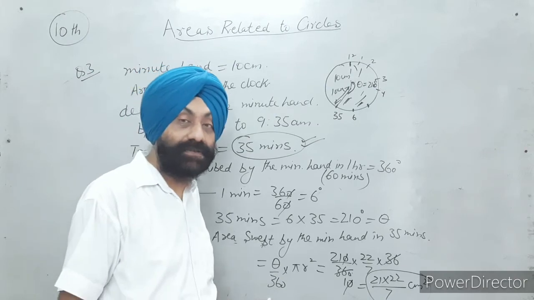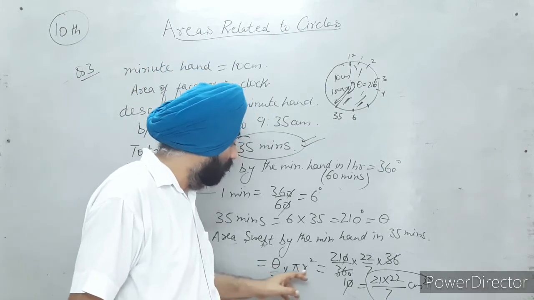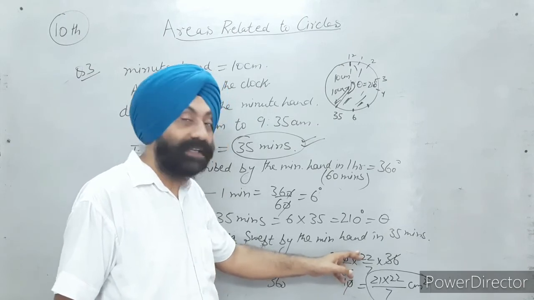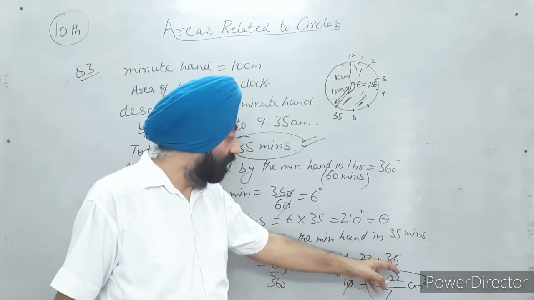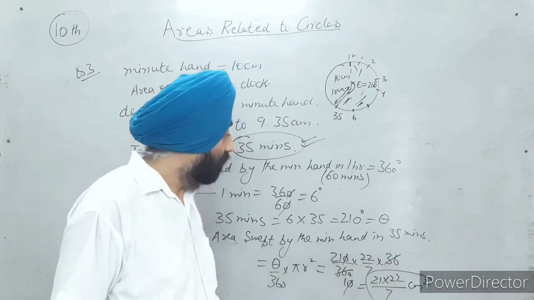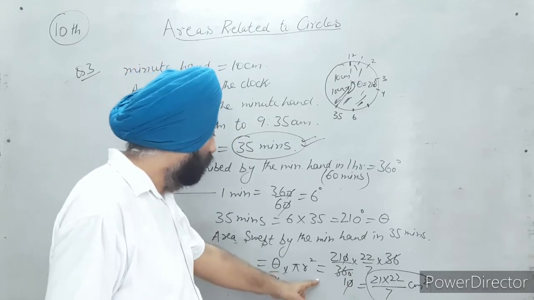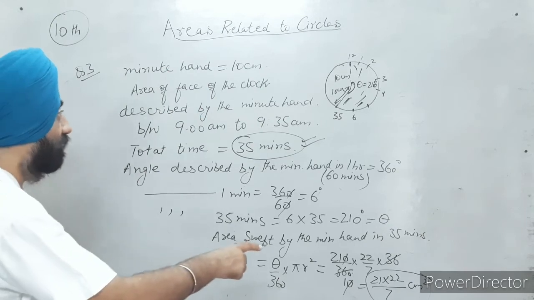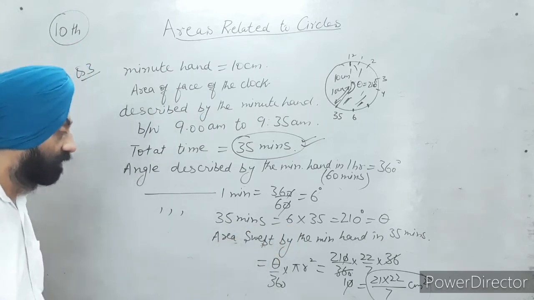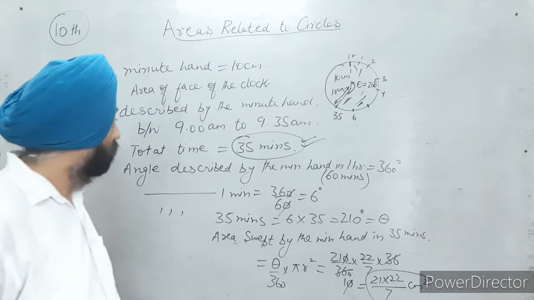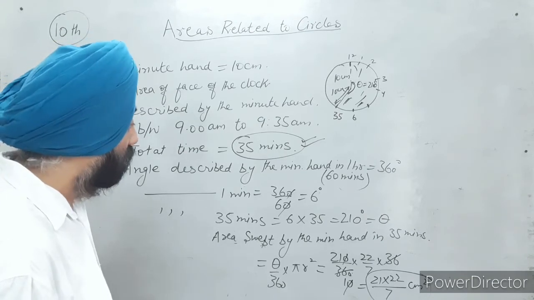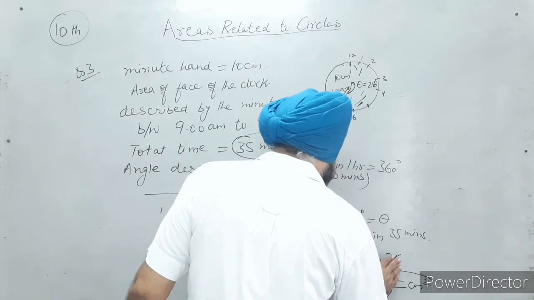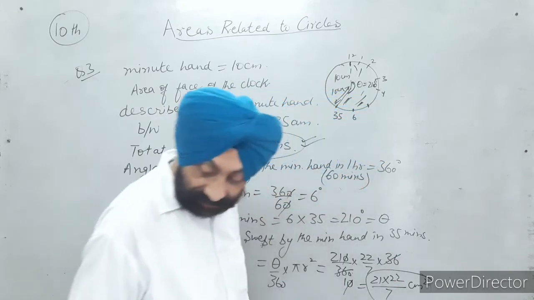Area of a sector I will use theta upon 360 into pi r square. That is 210 by 360. Pi value is 22 by 7 into 36. Just find the area, that is 21 multiplied by 22 by 7 centimeter square, right? The radius was, it was 10 centimeters, sorry, it was not 6. Let me correct it.